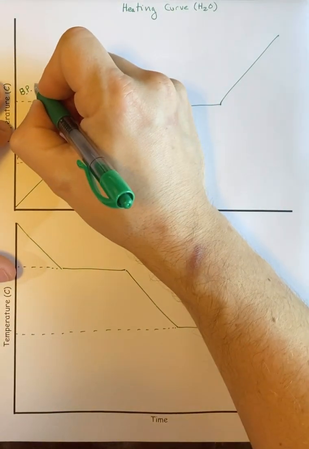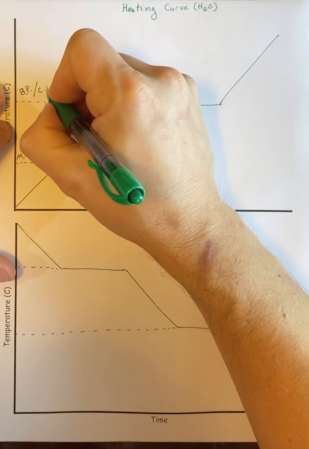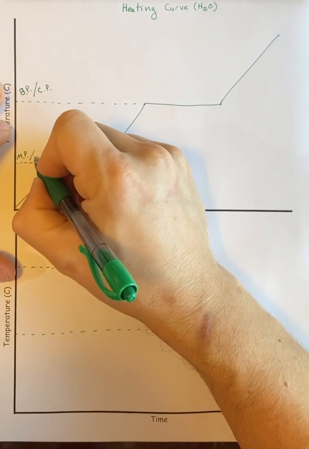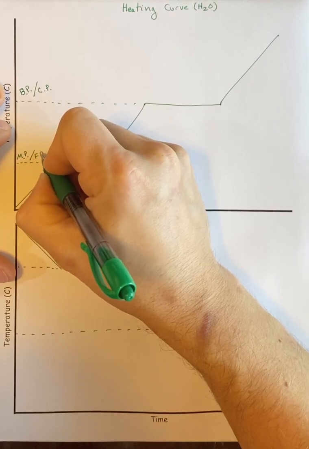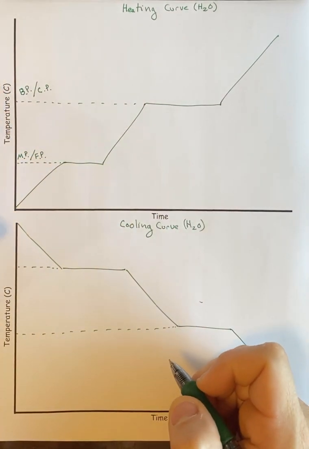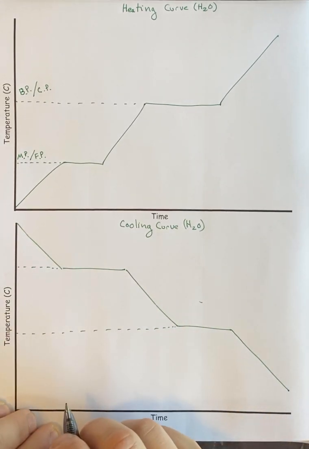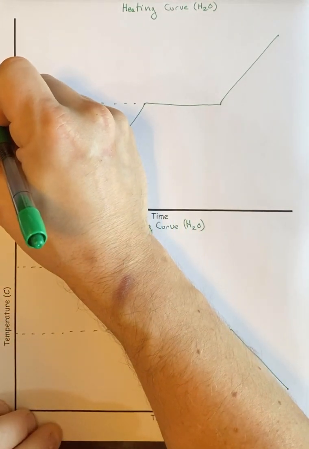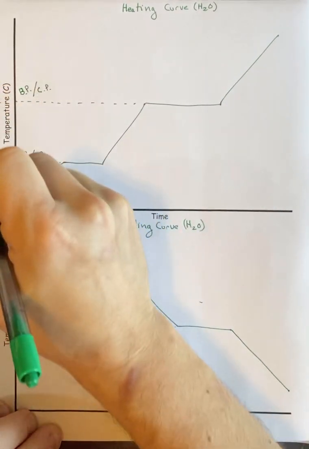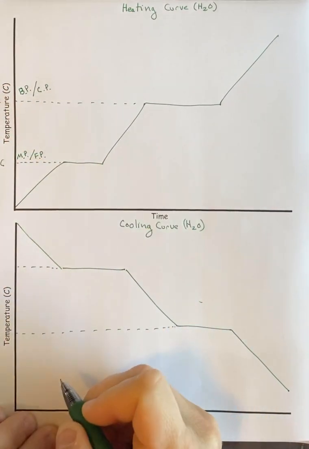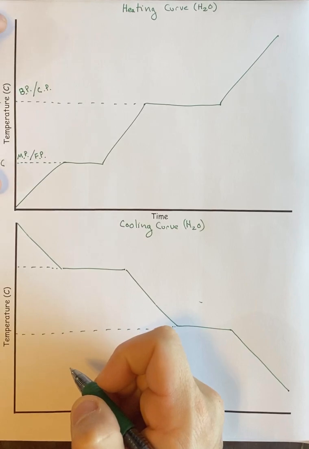Now, boiling point, you could technically also call it the condensation point, and the melting point can also be called the freezing point. But most people just call it boiling point and melting point. It's just easier. And for water, it would be specifically 100C and 0C.